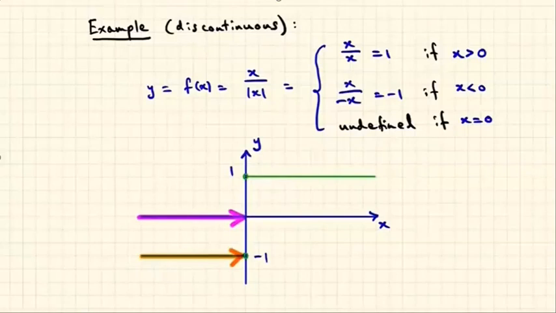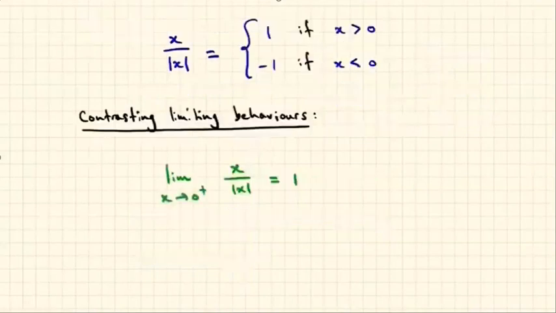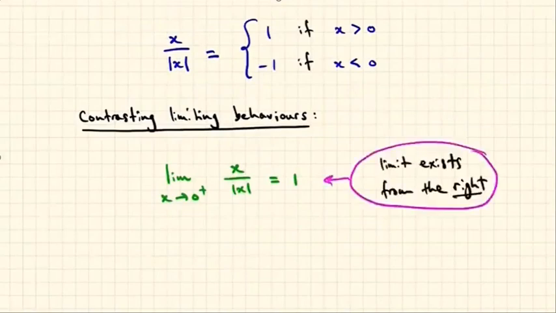We have these contrasting one-sided limiting behaviors for x over the magnitude of x. We have a limit existing from the right, which is +1, and a limit existing from the left, which is -1.